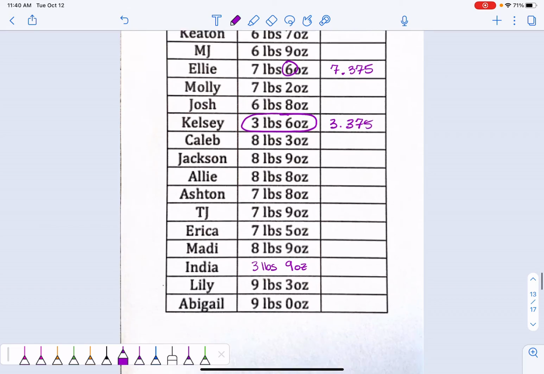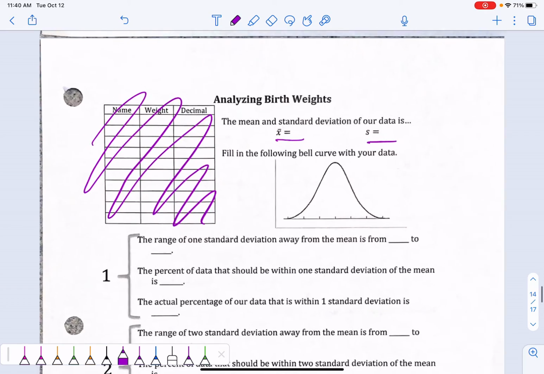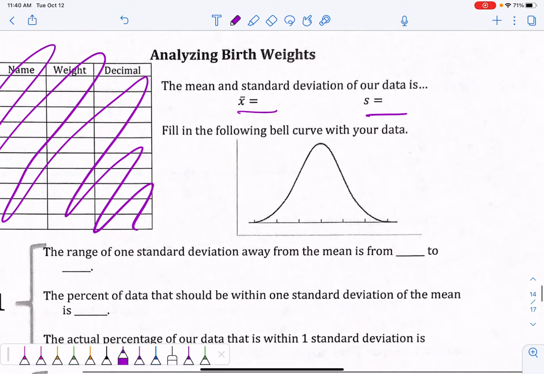After converting those to decimals, we did the mean and the standard deviation. For the mean, we got 7.18, and for standard deviation, when we put it all into a Google Sheet, we got 1.65, but let me check that really quick. I know the 7.18 is right. 1.65, yes, correct.